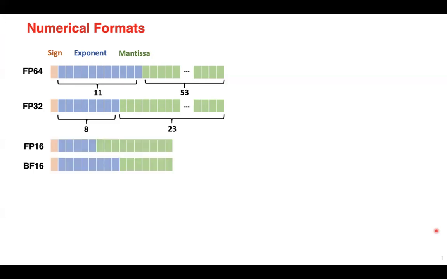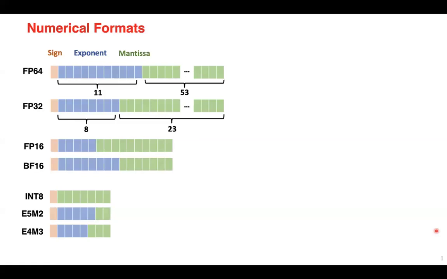However, today, with AI workloads, the highest precision typically used, at least during inference, is 16 bits. This often includes FP16 and the BrainFloat format from Google. And even more recently, we've been pushing to lower bit widths, including 8-bit variants, 4-bit variants, and even, in some cases, binarized neural networks.